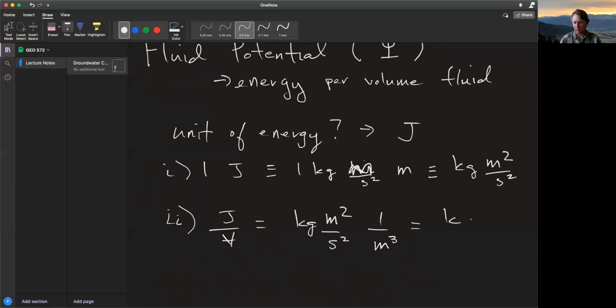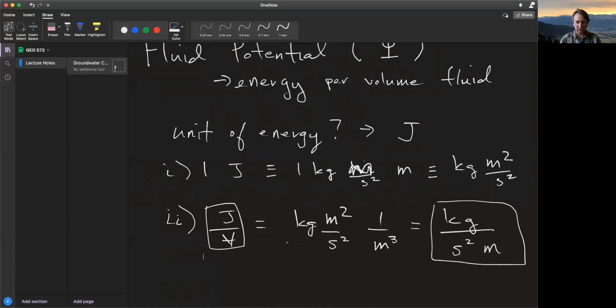That is equal to a kilogram per second squared meter. This is the unit of joules per unit volume. All right, so we're just going to remember that here.